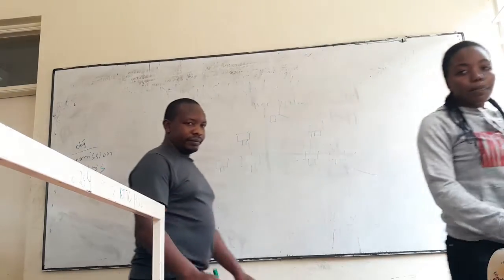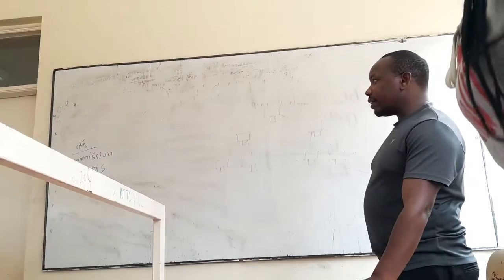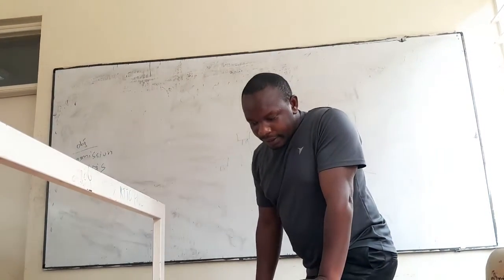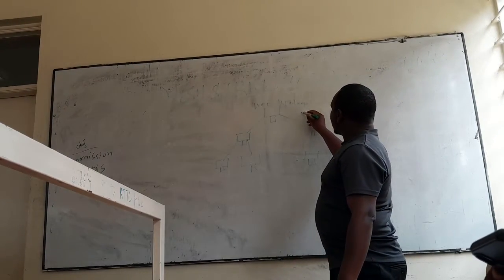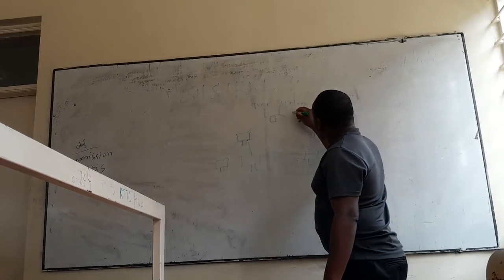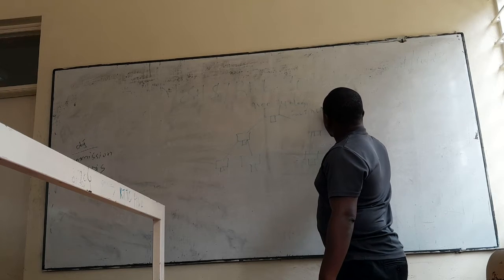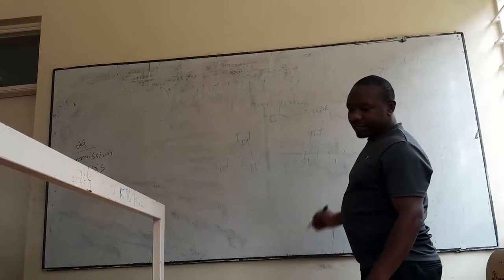Thank you. So as you can see, in tree topology, it consists of what is called the root node. And then we have the branches.